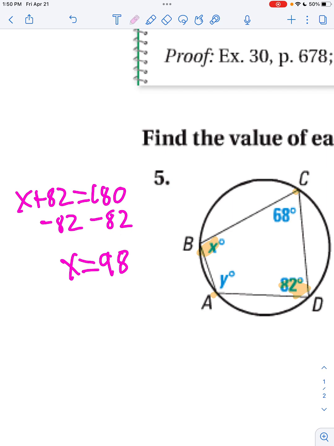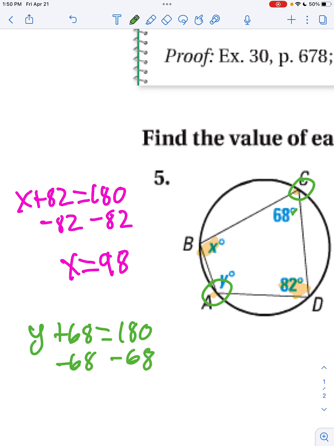And then for Y, these two angles are going to add up to equal 180. Y plus 68 equals 180. Subtracting, and oops, my brain isn't working right now. Y equals 112 degrees.